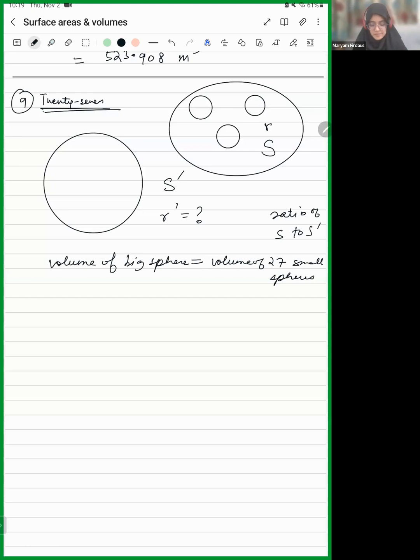Yes, ma'am. Now the big sphere's volume will be how much? 4 by 3 pi r dash cube, because the radius of the big sphere is r dash. Okay, got it?